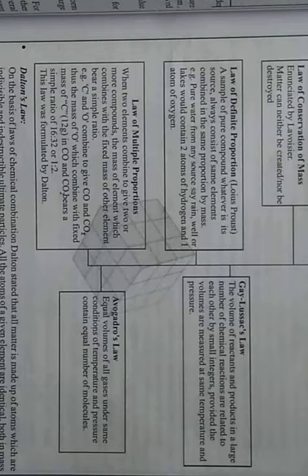One N2 reacts with 3 H2 to form 2 molecules of NH3 gas. It means one volume of N2 combines with 3 volumes of H2 to form 2 volumes of NH3. And the last one is Avogadro's law.